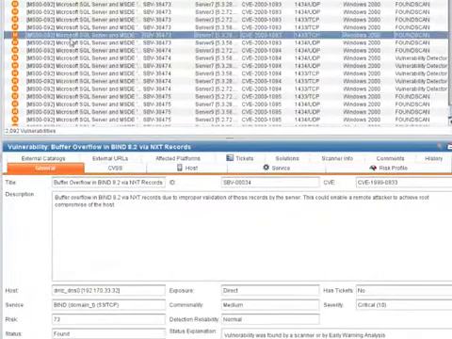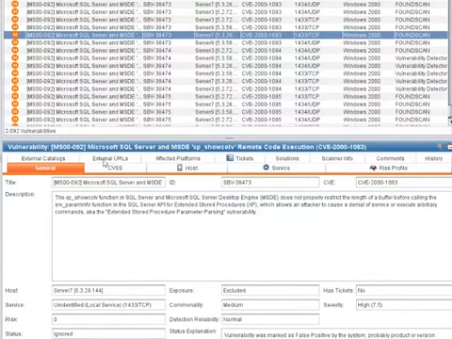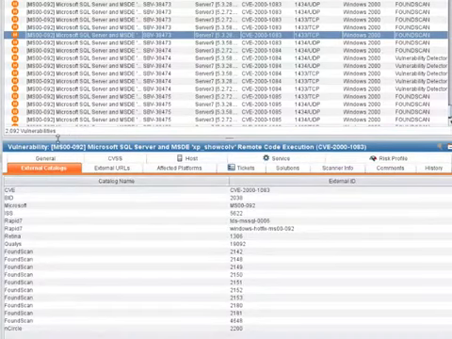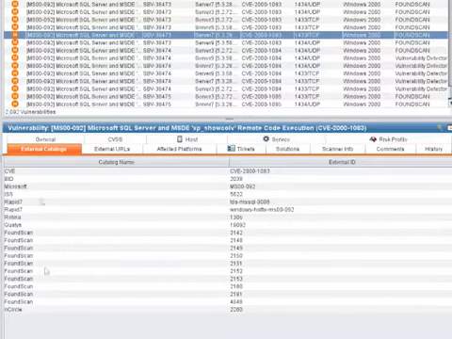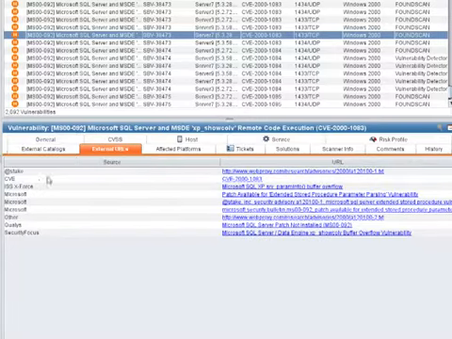So if I look at one of these particular vulnerabilities, I can see the external catalogs. So these would be all the different places where this vulnerability could be seen in other products. I can also see external URLs. These are different places where an administrator might want to go to explore information about this particular vulnerability.